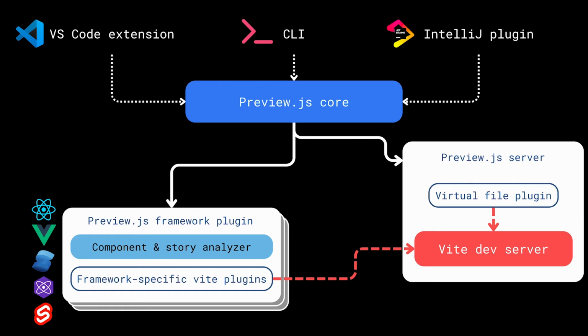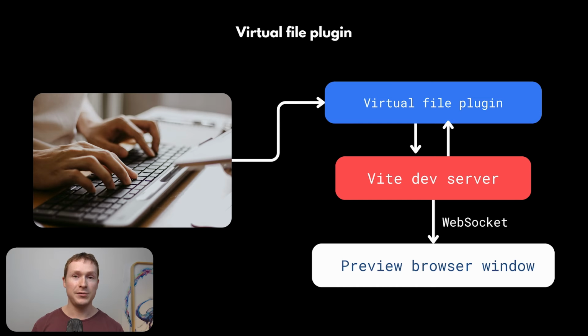Some frameworks don't even support JSX, in which case we don't have a JSX plugin provided. Some other plugins are shared across all of Preview.js. For example, we have a virtual file plugin. This is what allows us to have preview as you type. For example, in VS Code, whenever you type something, we will send an update to the virtual file plugin, telling it to update its in-memory version of the file. It will then notify the Vite dev server, which then notifies the browser, telling it, hey, this module has been invalidated.